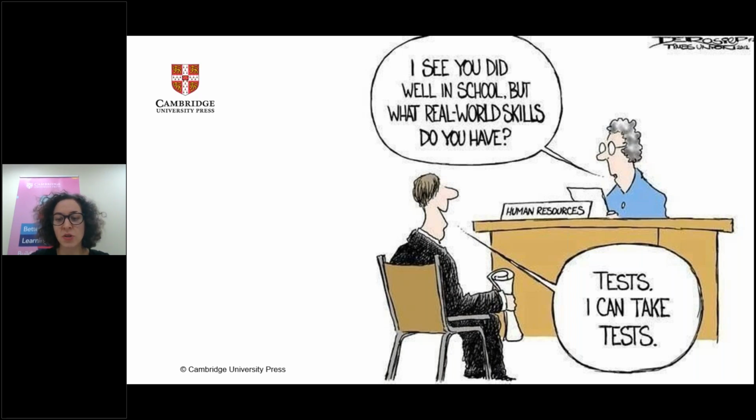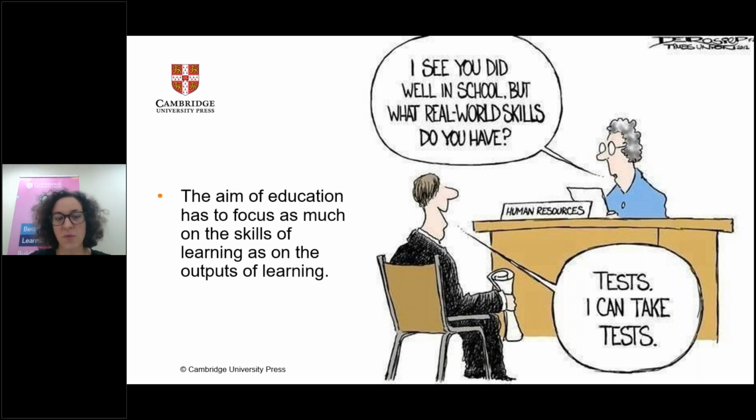So we need to teach our students the skills that they can apply not only for our subject, which is important, but it's more important how they feel about the subject and how they can learn it further without too much of our guidance, and how they can work autonomously in this subject. And the aim of education has to focus not only on the output of learning, but also on the process itself.